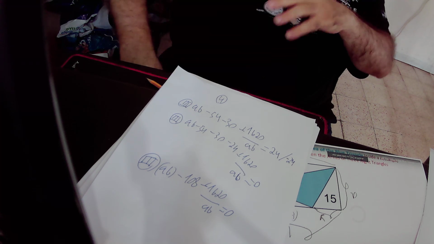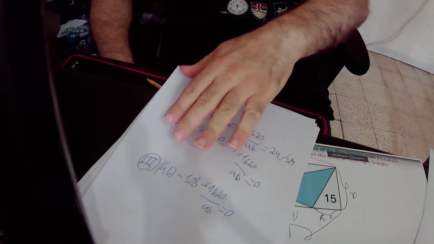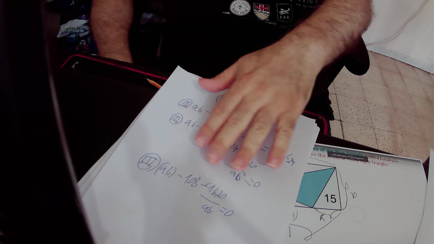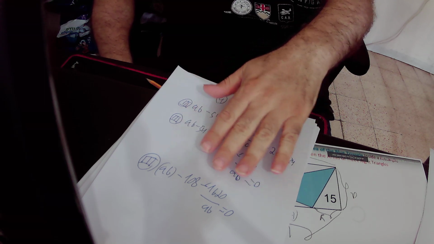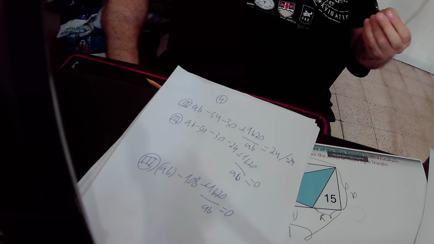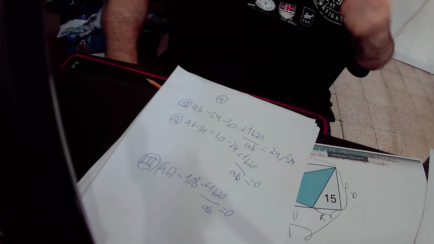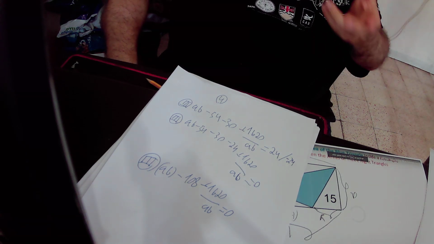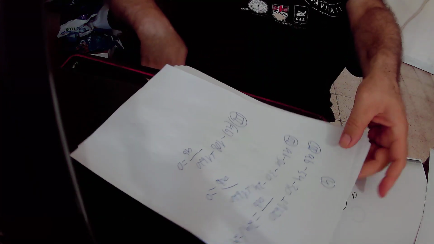Okay, now in this equation, we will multiply both sides of the equation by AB. We can multiply by AB because A is a positive number and B is a positive number, so it can never be 0. So it is allowable to multiply both sides by AB.